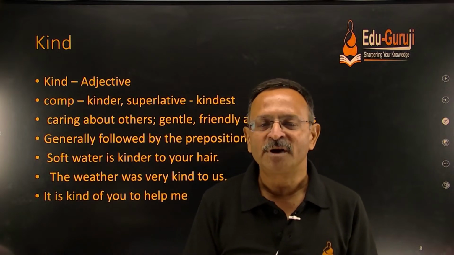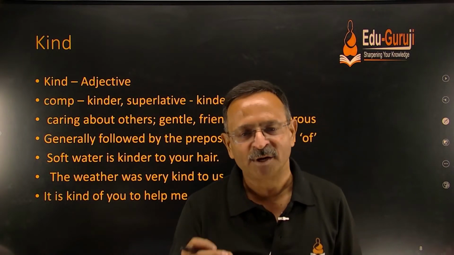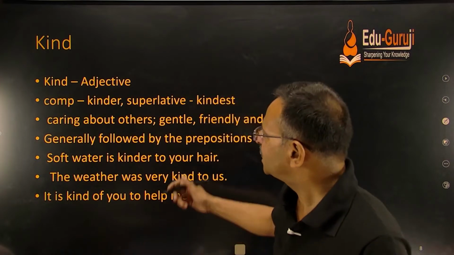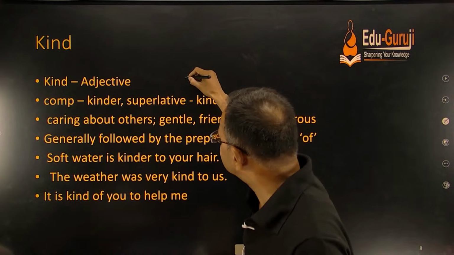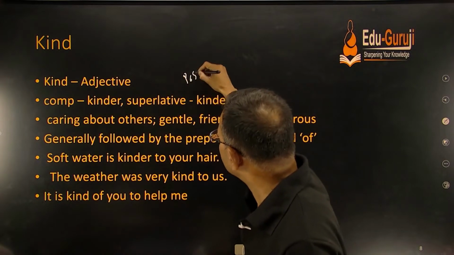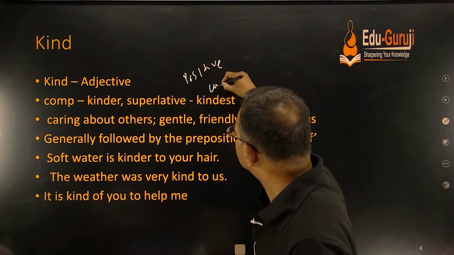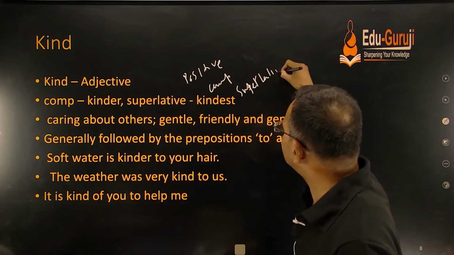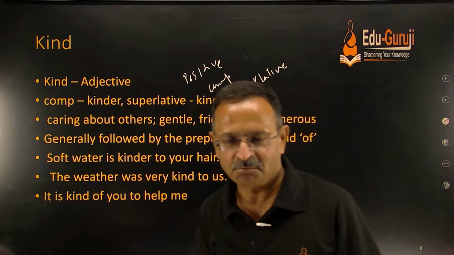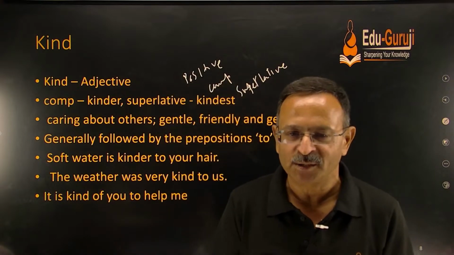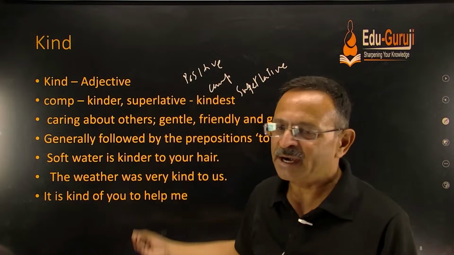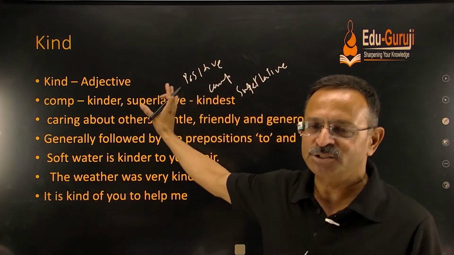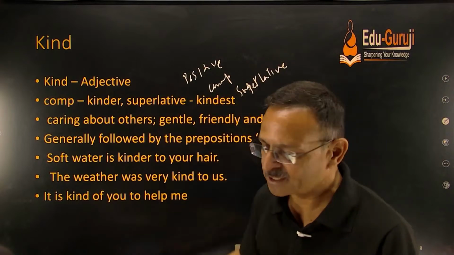But perhaps one of the best ways to identify any word as an adjective is that it should have three degrees, that is positive, comparative, and superlative. Whenever you are supposed to talk about any word that happens to be an adjective, I'm not talking about kind right now, it should have three degrees, that is positive, comparative and superlative.